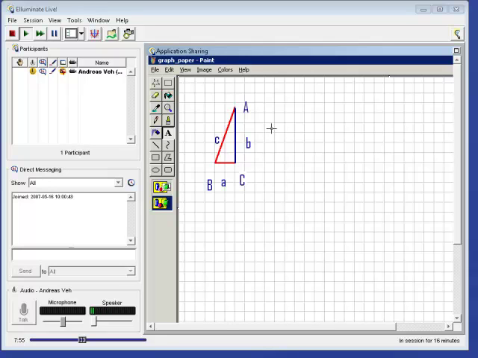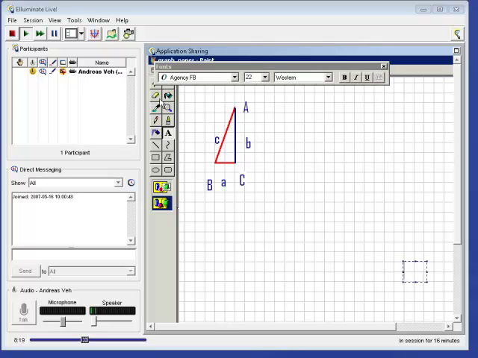Before I go back to Word, I think what I'm going to do is I'll just stay here and draw for the next problem C, which says that if B equals 12 and C equals 13, find A. So I'm going to draw B, which it says is 12.